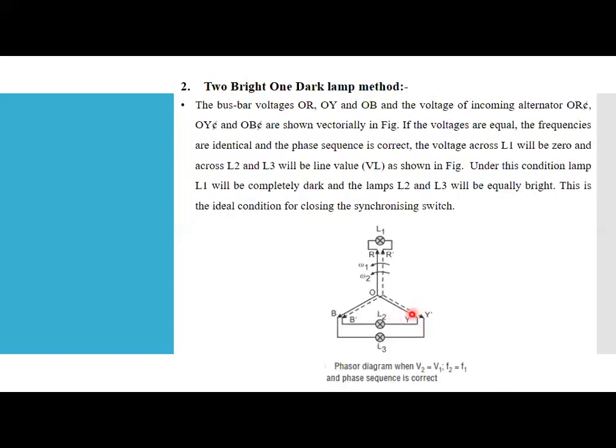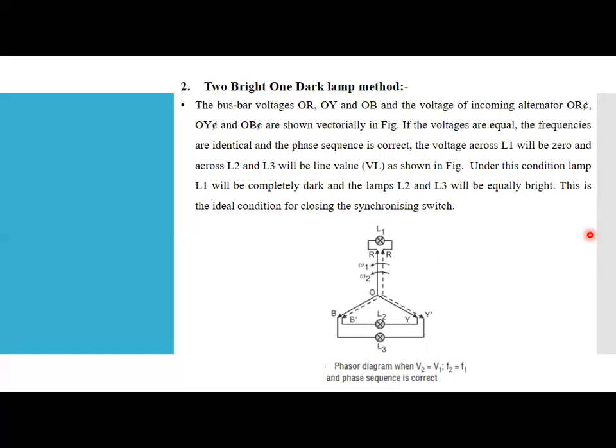You can see the figure. First lamp is the same, R dash, because it is dark. Now the second lamp is connected between B dash and Y, and the third lamp is connected between BY dash. So the figure is different.